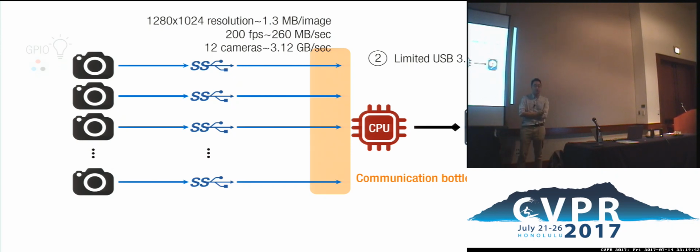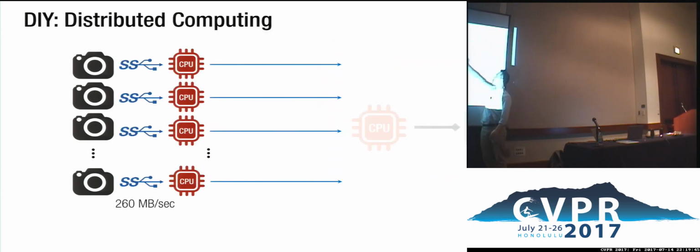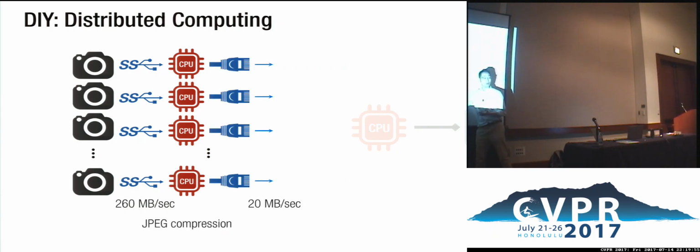The way we solve this is that instead of putting one big computer here, we distribute the computing to each camera. The primary role of this computer is JPEG compression. It compresses data from 260 megabytes per second to 20 megabytes per second.